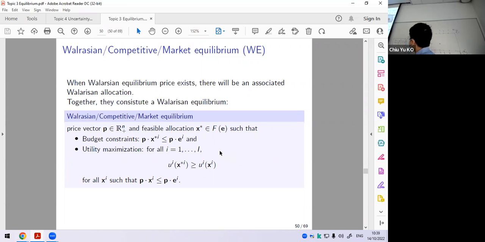Then this holds for every single price, because when we multiply, it must be 0. Walras's law says p dot z is 0. So if every single price is positive, for the sum to end up at 0, every excess demand must be 0.